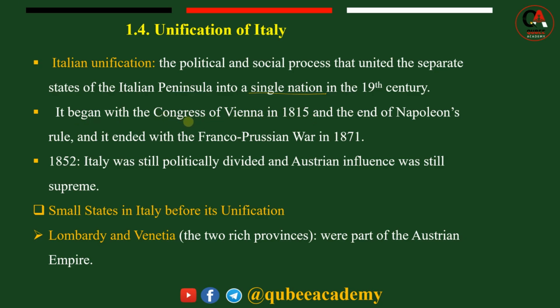Congress of Vienna, and at the end of Napoleon's rule in Europe was the starting point for the beginning of the process of Italian unification. And it was ended with the Franco-Prussian War of 1871. Because of this Italian unification, the process of unifying Italy from 1815 up to 1871.